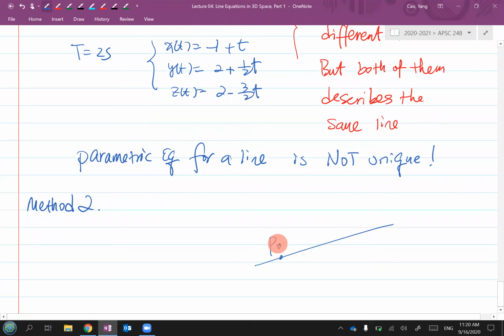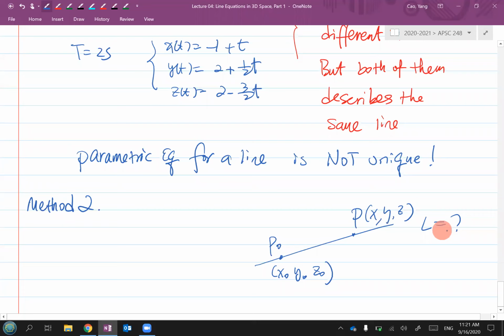Let's say I have a point P naught on the line, X naught, Y naught, Z naught, and any other point has coordinates P, X, Y, Z. I'm looking for the line equation L here.